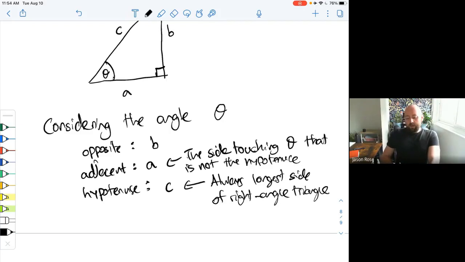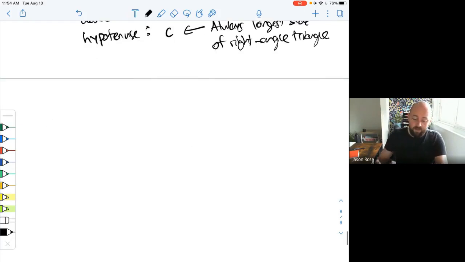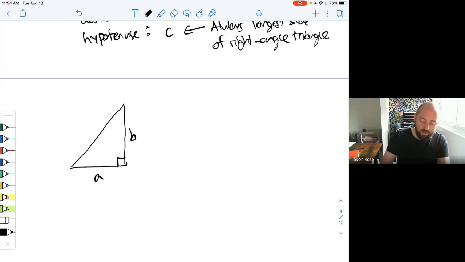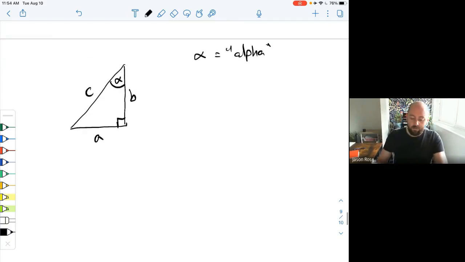Okay? And if I was considering, let's say I did the same thing, I had a triangle like this here, right angle here, and I have A, B, and C. If I put my angle up here, and this time that symbol is alpha, in this case, C again is the hypotenuse.